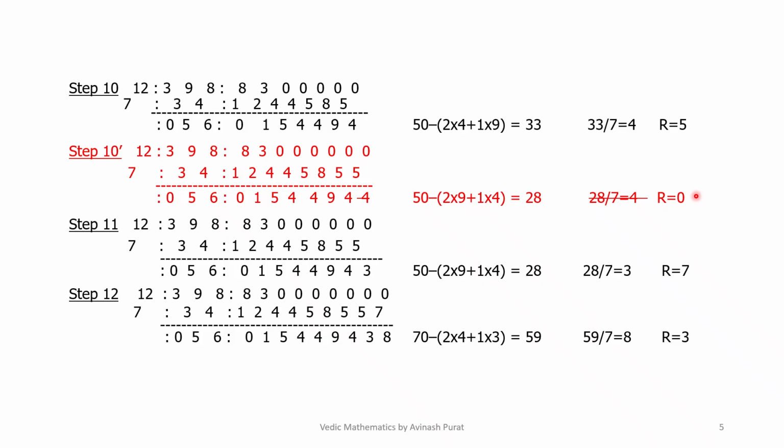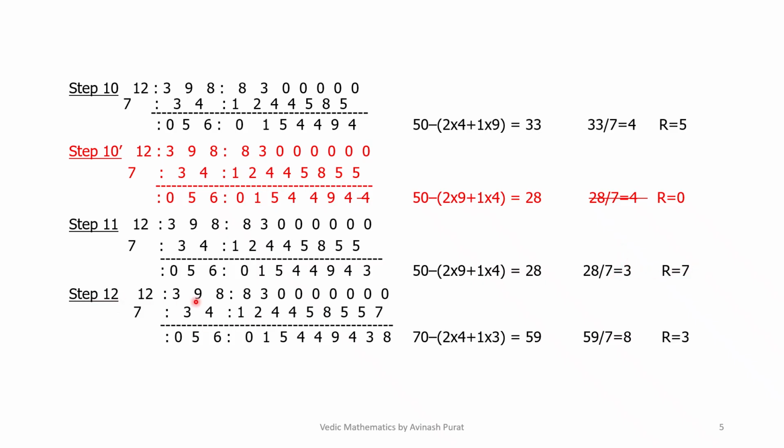So we cancel this step. Again step 11 now. 50 minus 2 into 9 plus 1 into 4, that is 18 plus 4, 22. 50 minus 22 is 28. 28 by 7, we take 3 and remainder 7.